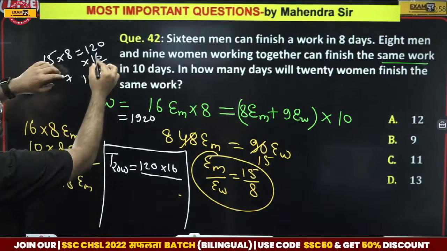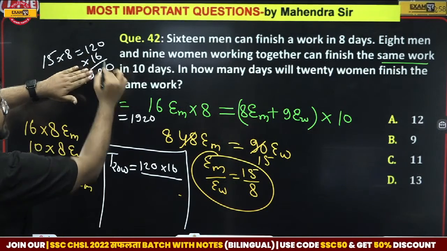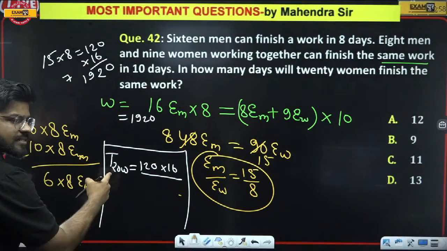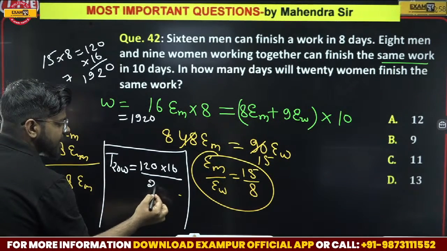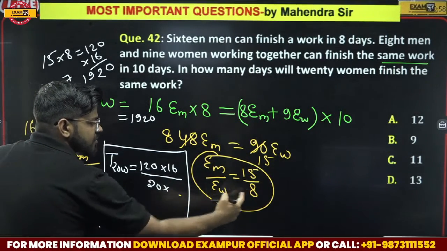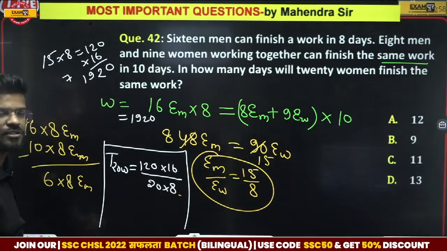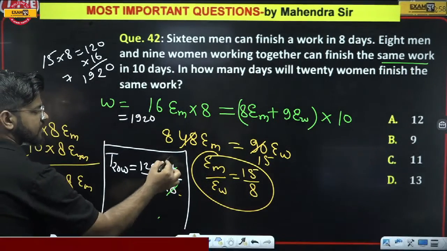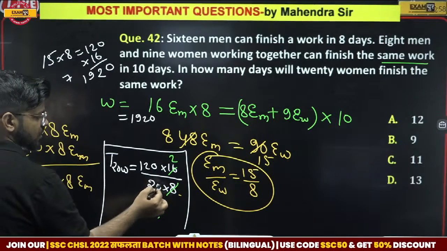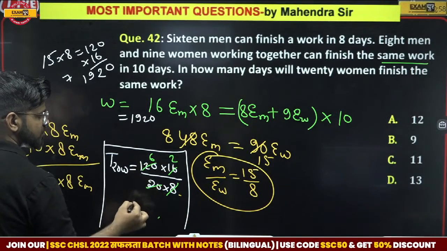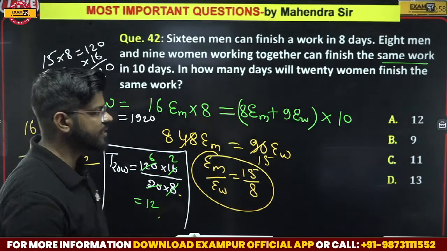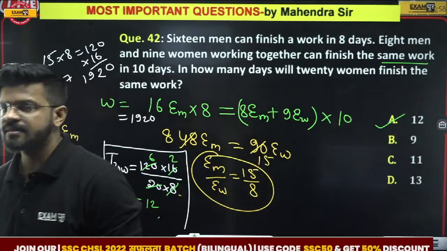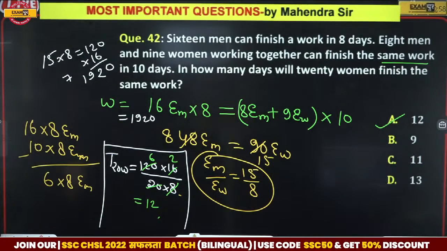Here the question is saying 20 women, so 20 women multiplied by efficiency of 1 woman. Now cancel it out. 8 cancels 2 times, 20 cancels 6 times. So my answer will be 12 days. Option number A is my right answer.